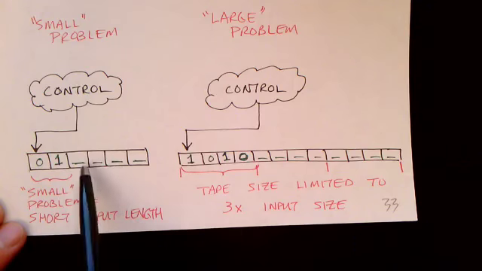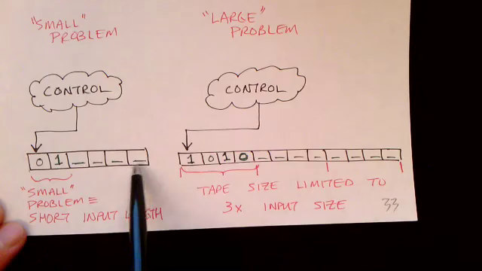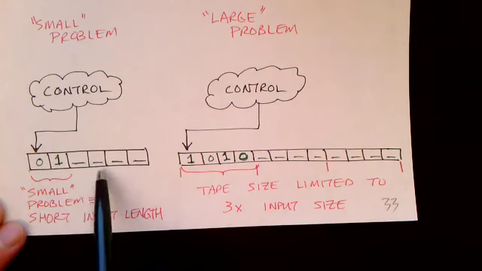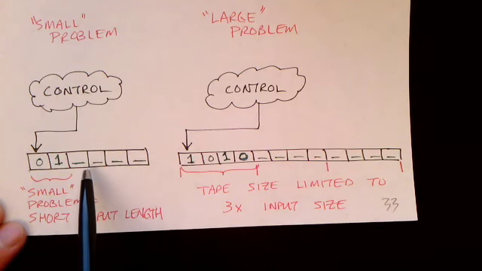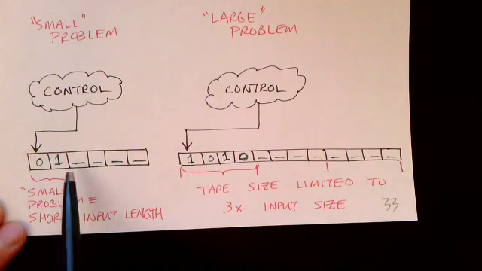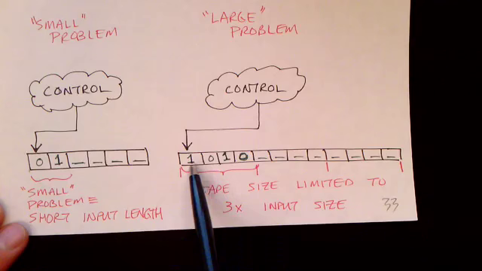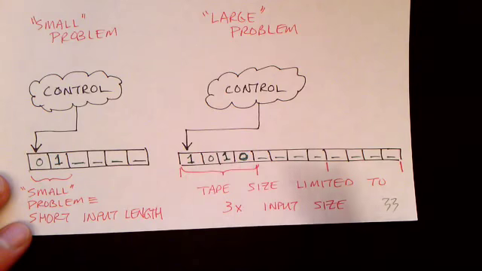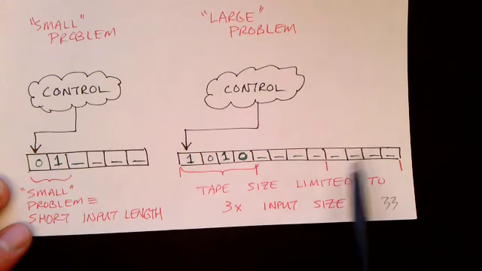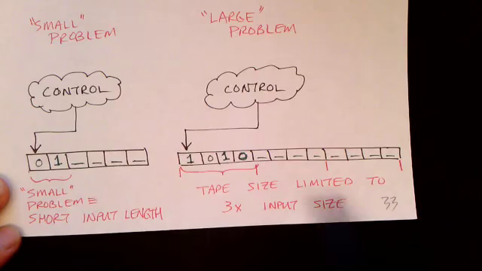We can call this a working memory of 4 extra cells. But the size of the working memory is linear in the size of the input. Over here, we have an input that's twice as large, and we have twice as many cells to work with. We have 12 cells to work with. So the tape size is limited to 3 times the input size.